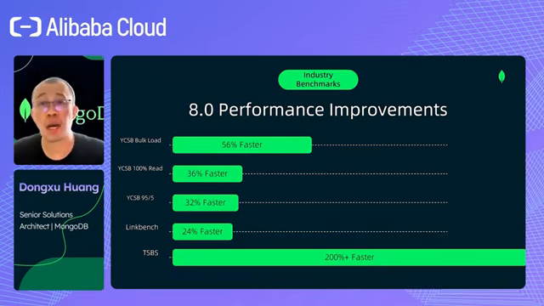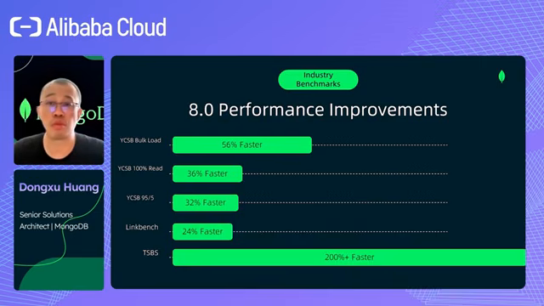Let's take a look at how MongoDB version 8 performs across these benchmarks. When we're talking about write performance in version 8, we have improved both our ability to write more data and write back data. That means if you are using bulk write or write many, we are seeing about a 56% improvement in YCSB bulk load.